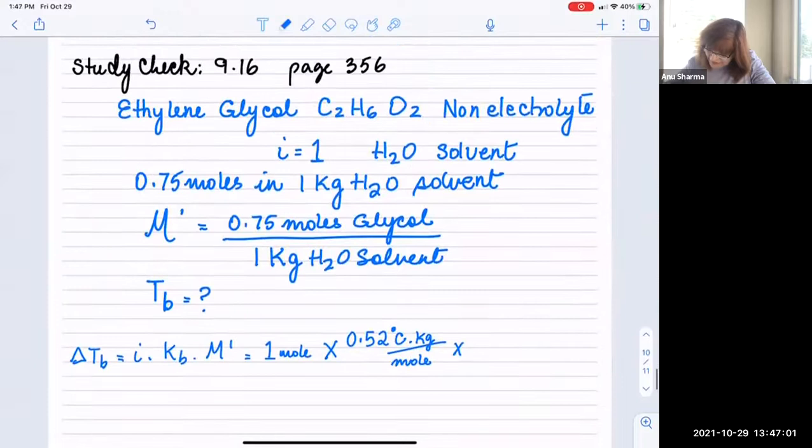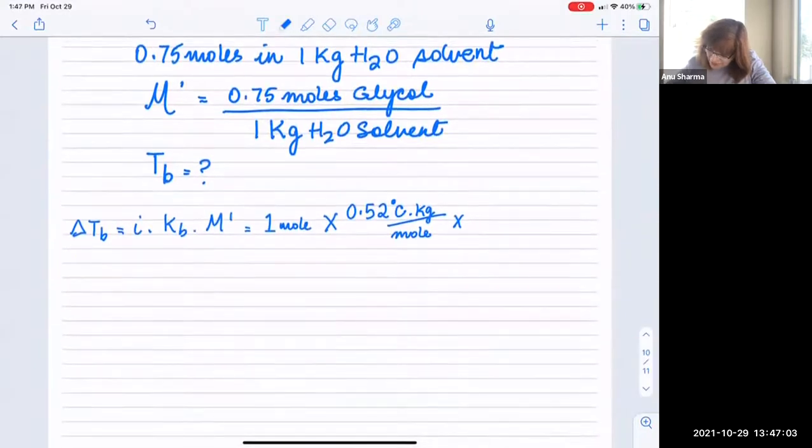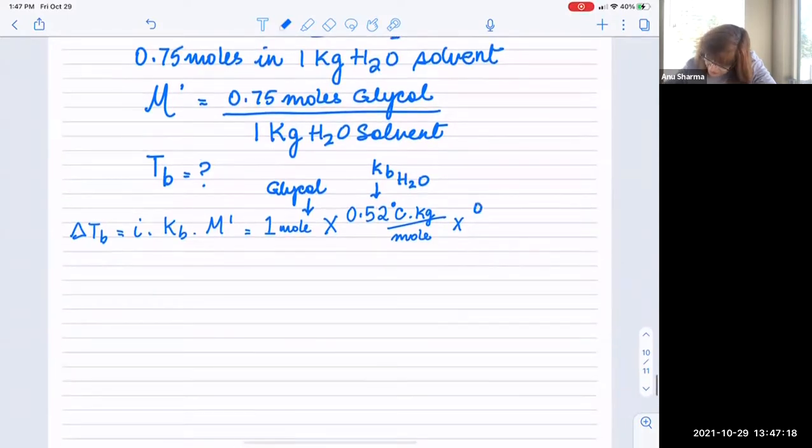Anyway, so here you have 1 mole of the glycol, and then this is the value of Kb for water, times the molality. And the molality is 0.75 moles of glycol divided by 1 kilogram of water as a solvent.